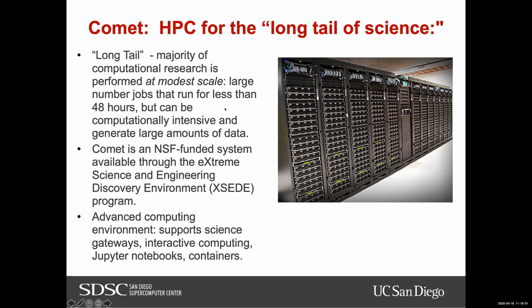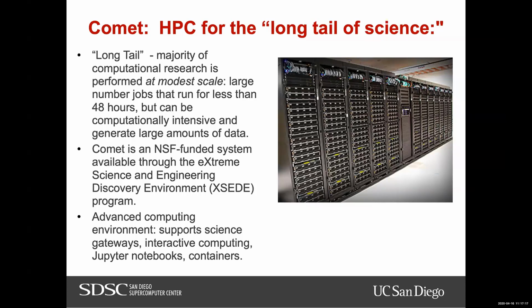So anyway, Comet is built for this long tail. They did some research in evaluating and designing the system, and realized that a majority of computational work is done at what they call a modest or small scale. So they decided to build a machine that supports all of these people who, like I said, just need a few thousand cores as opposed to hundreds.